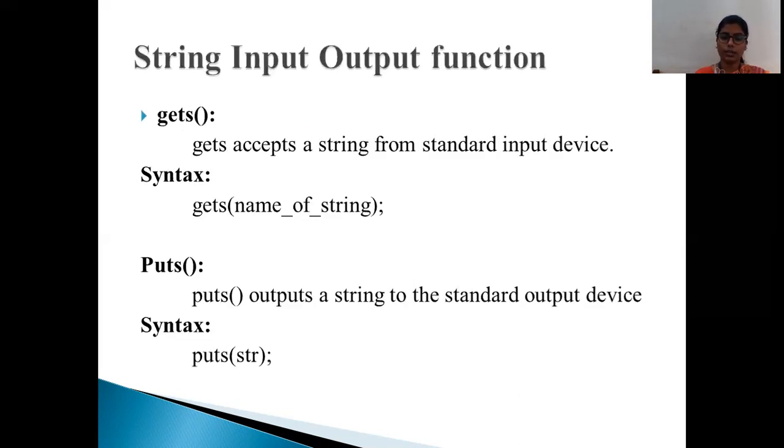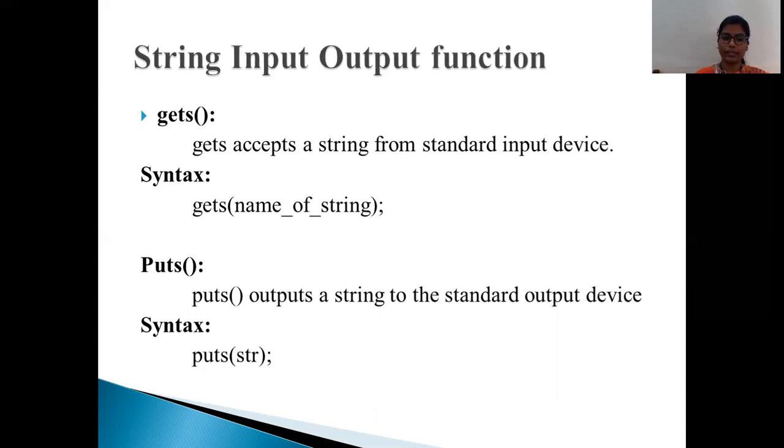Let us see other functions which are related to strings, meaning string input output functions. The first string input function is gets. gets accepts a string from the standard input device.